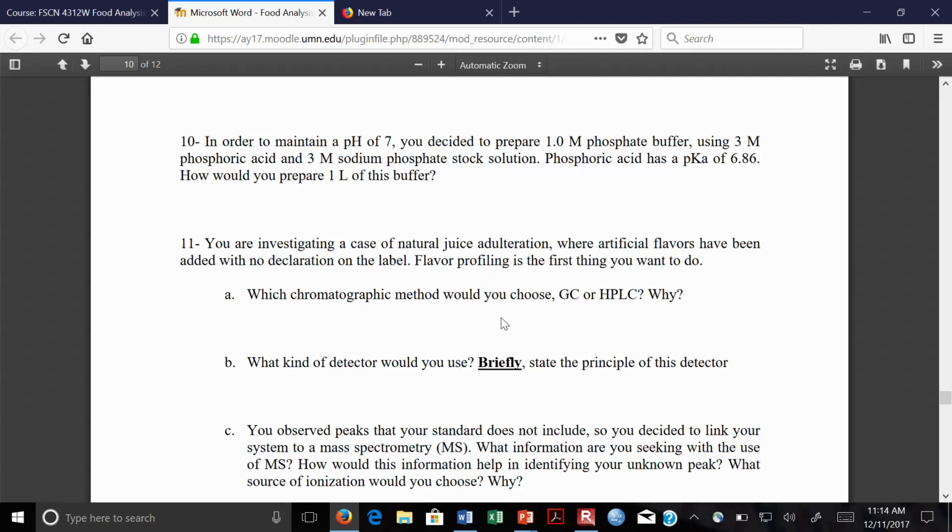Then AH would be 420, 1,000 minus 580. So I would mix 580 milliliter of the salt with 420 milliliters of the acid, and I will get a pH 7 buffer.